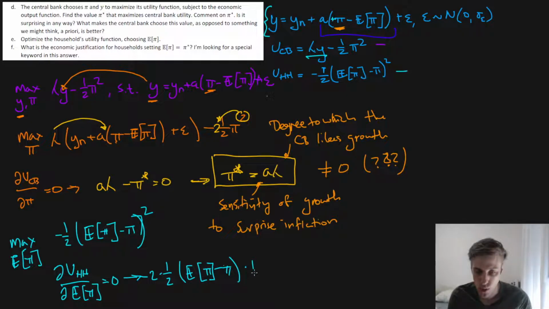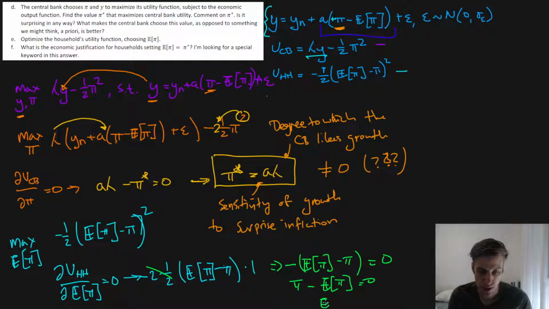So there's a times 1 from the chain rule. So the 2 and the 1/2 cancel. We're going to get minus expected pi minus pi. So we factor, and that equals 0. So we get pi minus expected pi equals 0. And so expected pi equals pi.